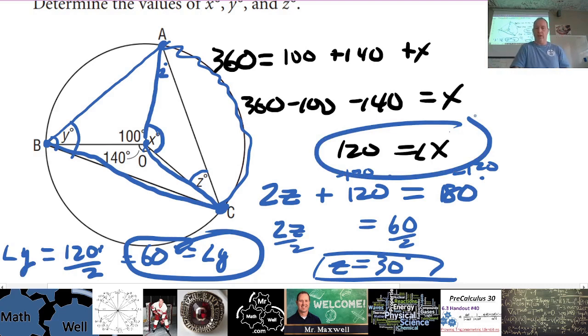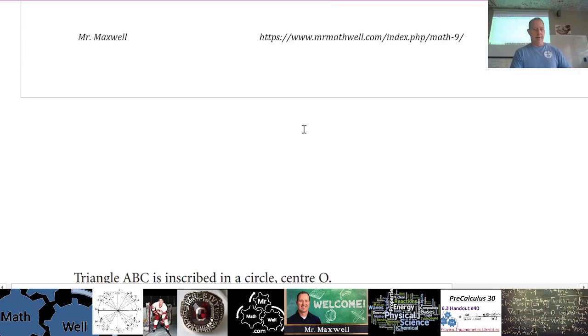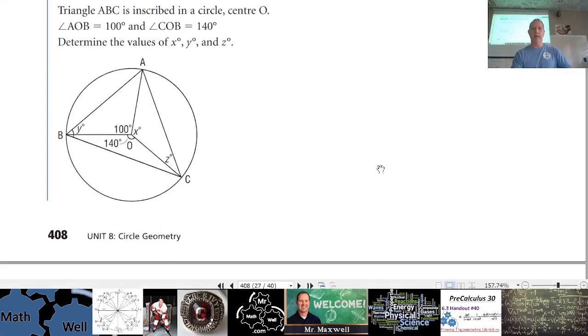Even though it looks a little crazy, that's exactly what you gotta do. You gotta take the whole jumbled mess there and say, okay, what can I find first? What do I know? There's one you can find first pretty easy, probably, which is that X, right? And then the other ones, you gotta maybe think about it, but you can do it. Don't give up. All right, let's go back to the textbook here.